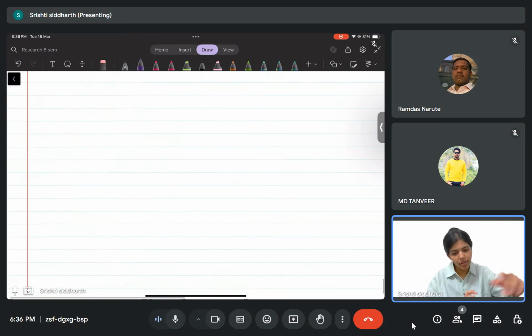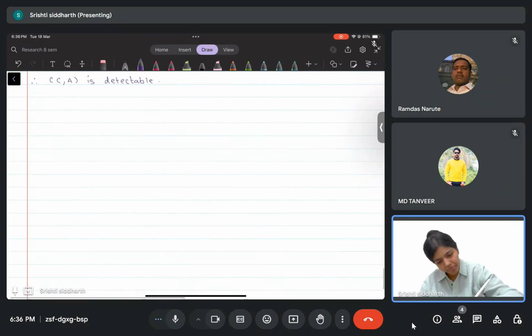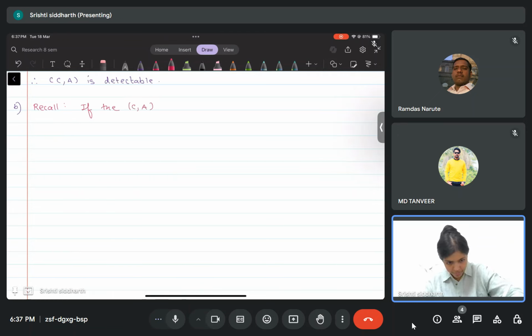So recall that for part B, pair CA is observable and again we find matrix L such that A plus LC or A minus LC has desired eigenvalues.